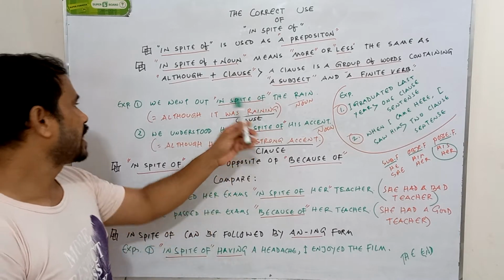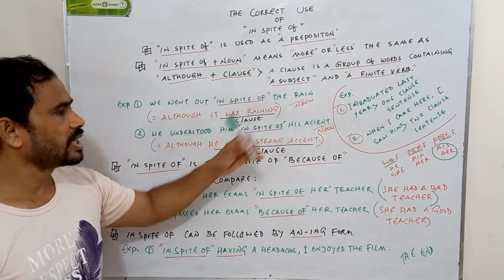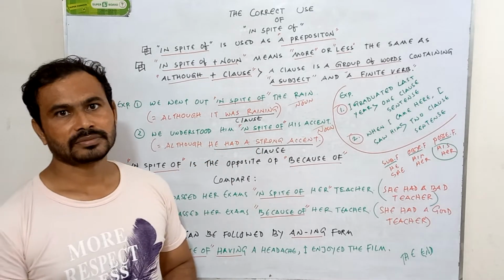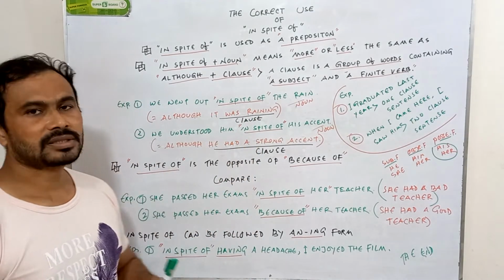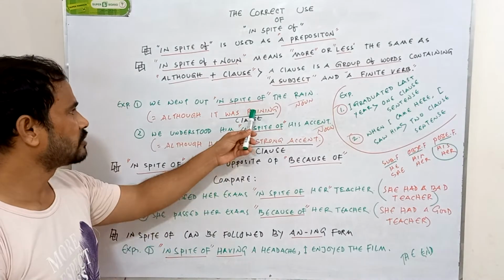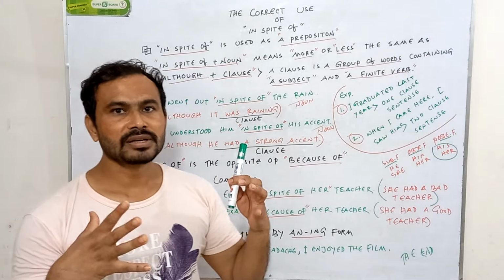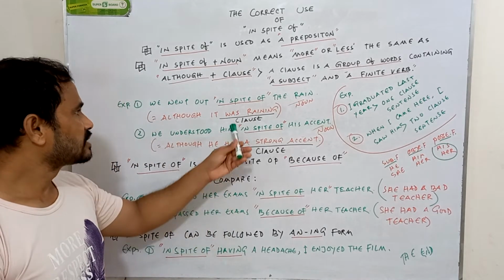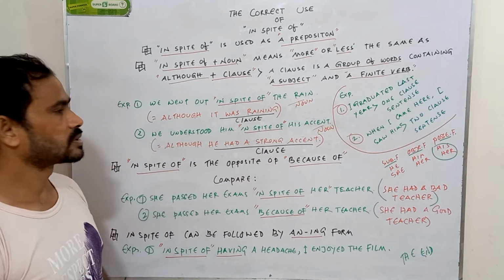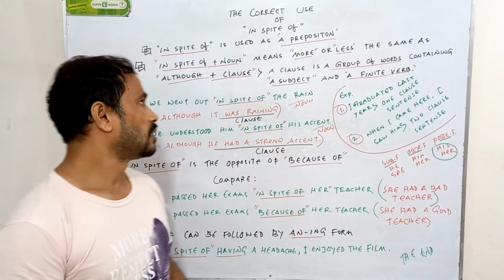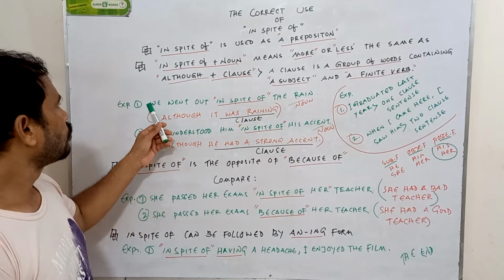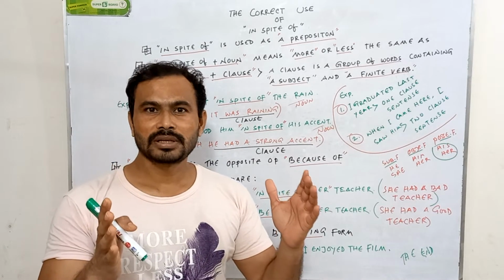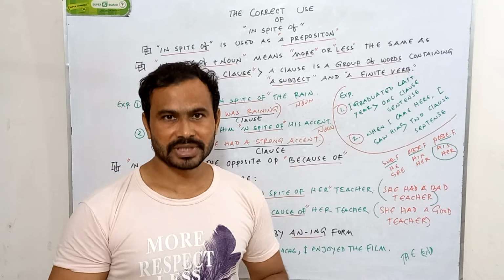The same as: although it was raining. It was raining is a clause, because it is the subject and raining is the finite verb. So we can say it's a clause. We went out although it was raining, and it is also a correct sentence.